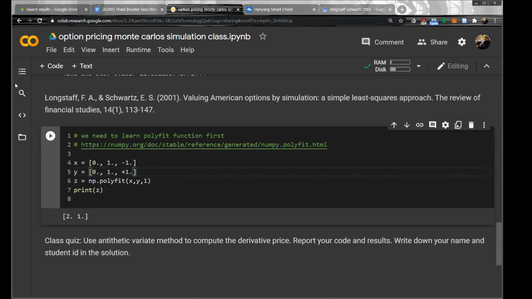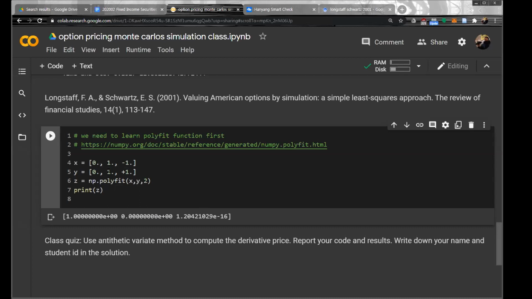Then the first-order polynomial doesn't fit very well, because we need a convex function, Y equals X squared. (0, 0), (1, 1), (minus 1, still 1). So it is Y equals X squared. So let's try now. We need second order. So exactly, this is 0, this is 0. So Y equals X squared.